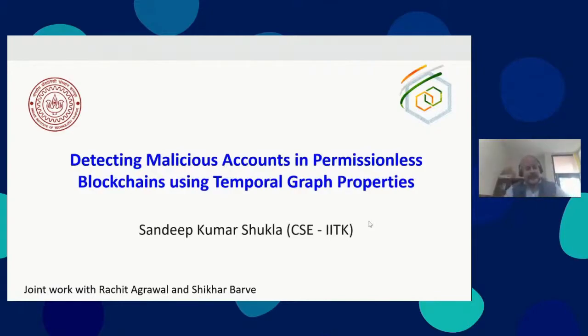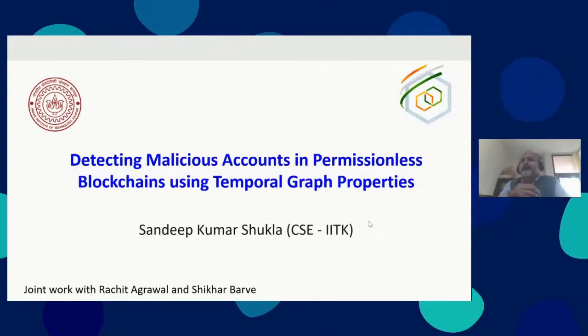We have been seeing a lot of fraudulent activities in blockchain, especially in permissionless blockchains such as Bitcoin, Ethereum, etc., where people are using malicious smart contracts. For example, in the case of Ethereum, they are using Ponzi schemes. They're doing gambling.